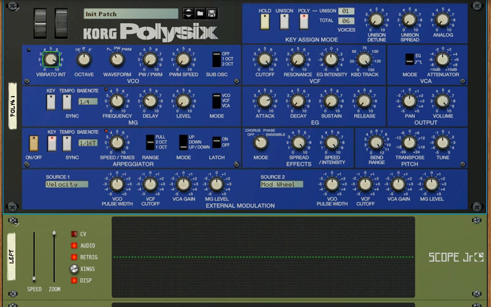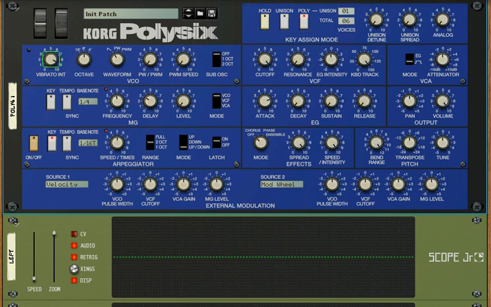Having used Reason Essentials for a while, I thought it was time to make the jump, not least because I got a load of very nice synthesizers added, rack extensions, about 7 or 8 I think. One of which is the Korg PolySix, which is an emulator of the old, I don't know when, 1980s.